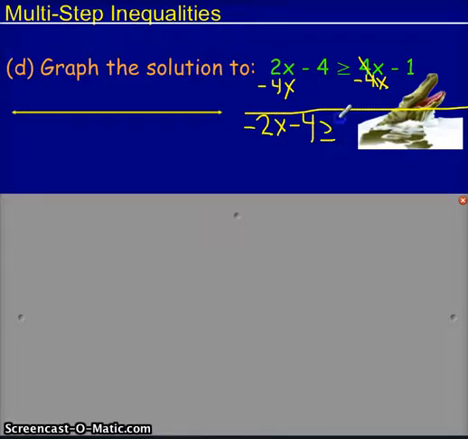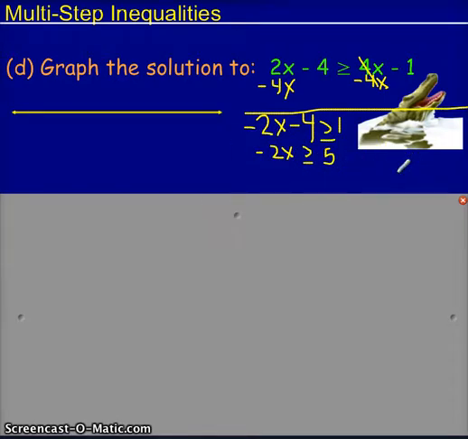Okay, so now just like a two-step equation, we're going to add 4 to both sides. So when we do that, we get negative 2x is greater than or equal to 5. Okay, now we're going to divide by negative 2 on both sides.